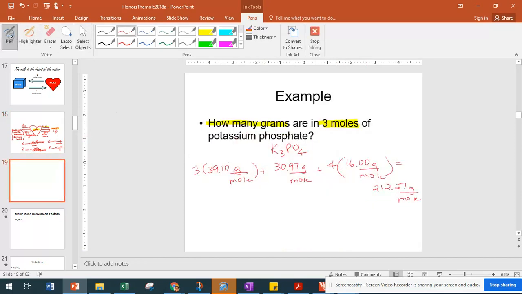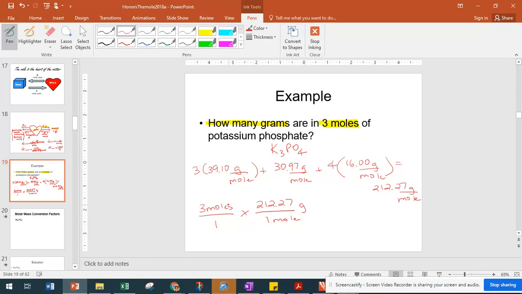Let's go back to the problem. We're going to take our 3 moles, and always what you're given in the problem should be over 1, times 212.27 grams per mole. The mole is always going to be 1 mole in this unit.